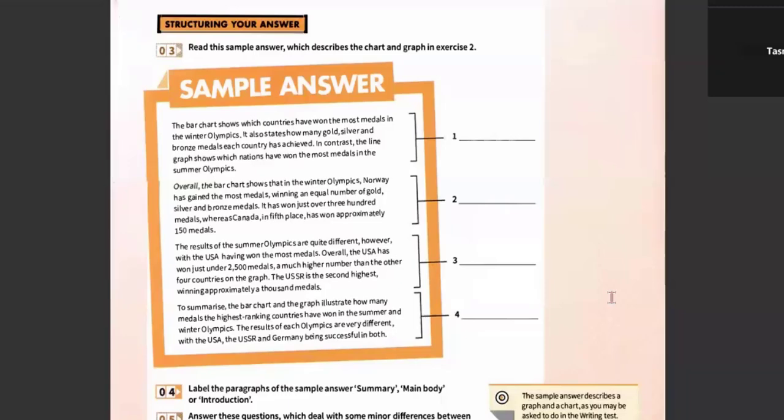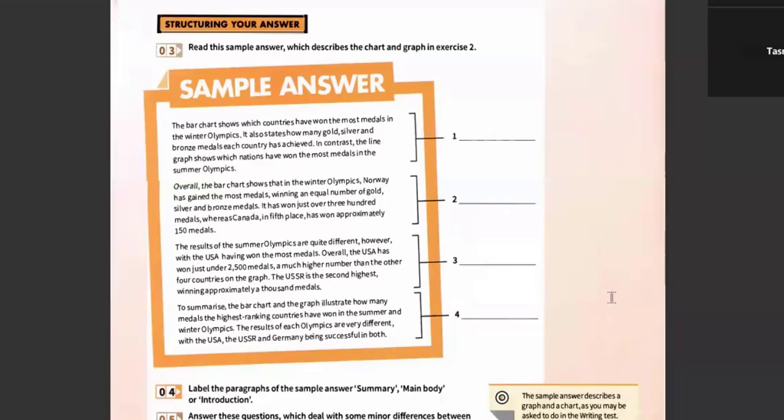And lastly, we have the summary or the conclusion paragraph. The main body can be two paragraphs or three paragraphs, but you should keep it to three at most, not more than that. So in the beginning and at the end, there should be the introduction and the conclusion, and in the middle, the main body paragraphs.